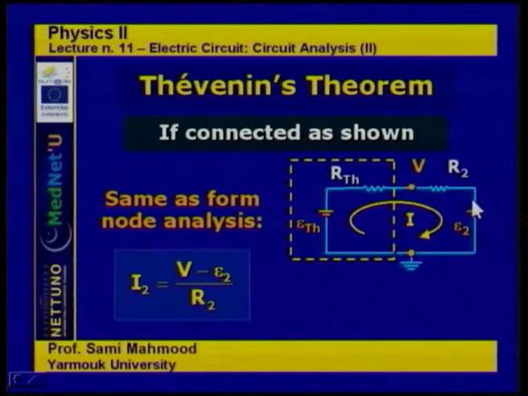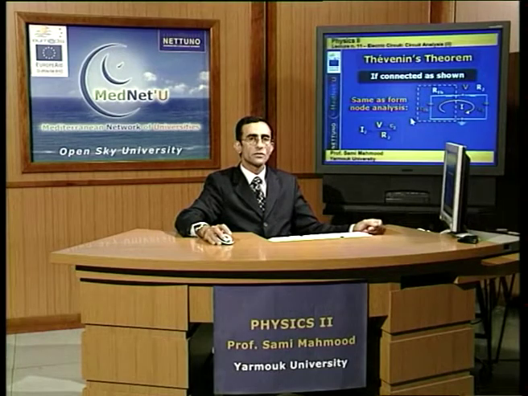V minus epsilon 2 over R2 from the node analysis is equal to I2. If we substitute for V as we determined previously, we can obtain I2, which is exactly the same result that we obtained from Thevenin's theorem.